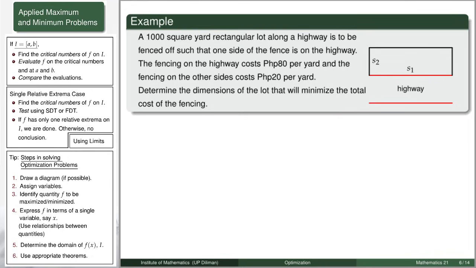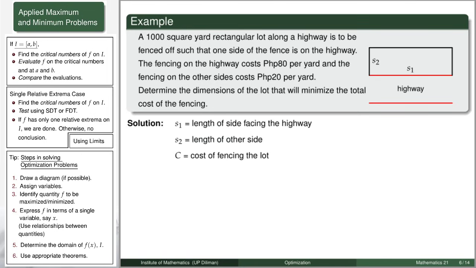The figure is already given on the right hand side: if we have a rectangular lot, then we will call S1 the length of the side adjacent to the highway, and S2 the side that is not adjacent to the highway. Also, we will let C be the total cost of the fencing, because it is the one that we need to minimize.